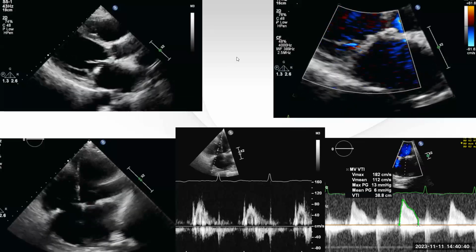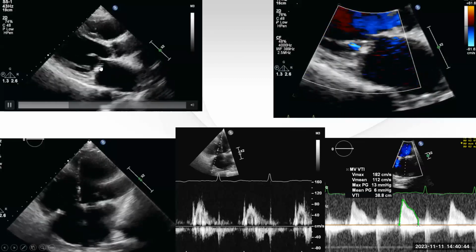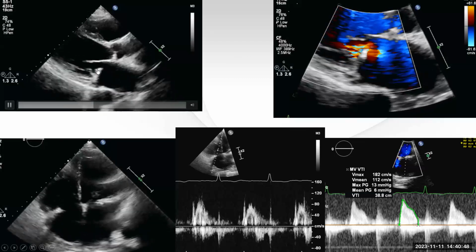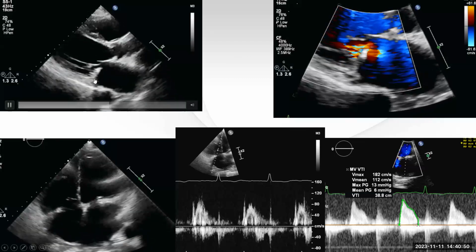Posterior leaflet thickened. So you can see here there is like a lanyard shadow. Okay, it is hyperechoic. It could be a calcified annulus, could be MAC, and there is coding for MAC. But is it MAC or is this repair? We have to differentiate.